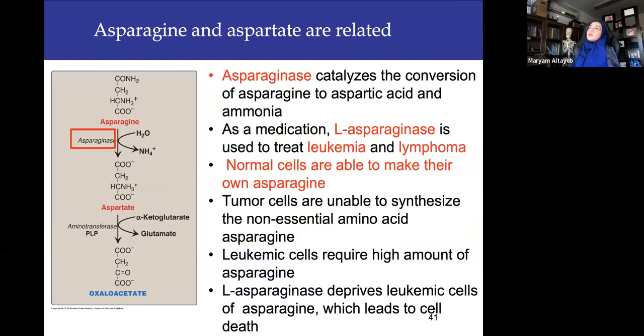Now asparagine and aspartate are related. The same way we have alanine aminotransferase, you also have aspartate aminotransferase, which is also found in the liver and other parts of the body. The name makes sense: aminotransferase, you're transferring an amine group from one molecule to the other. For asparagine to form aspartate, you're removing the amino group.